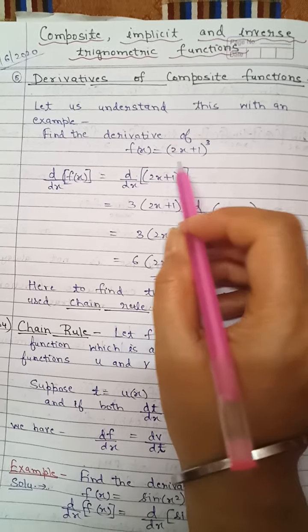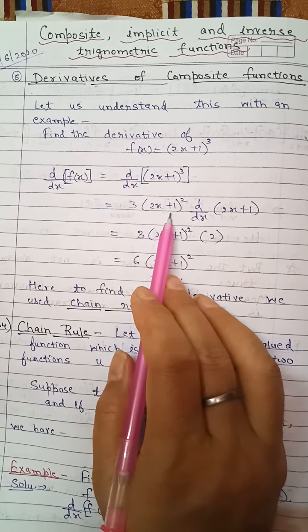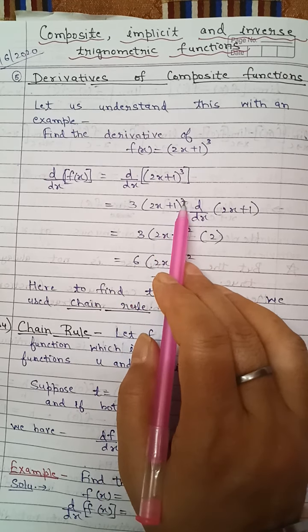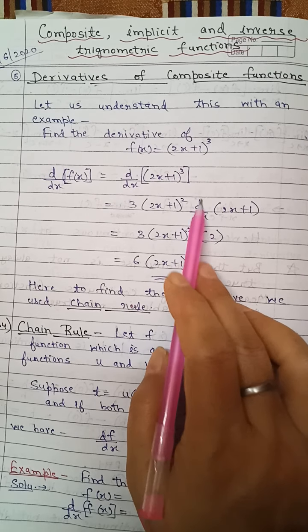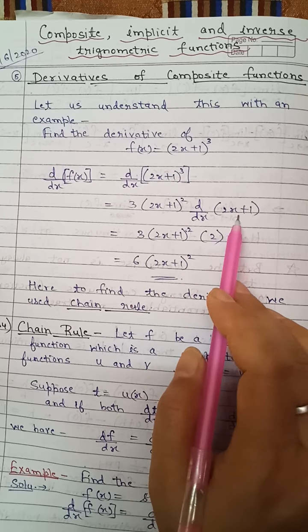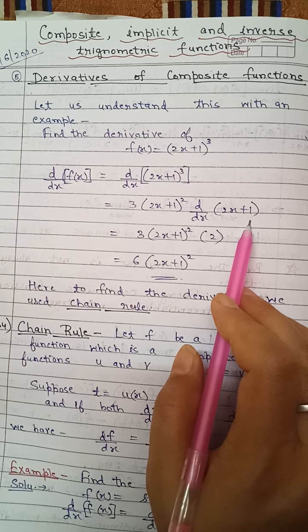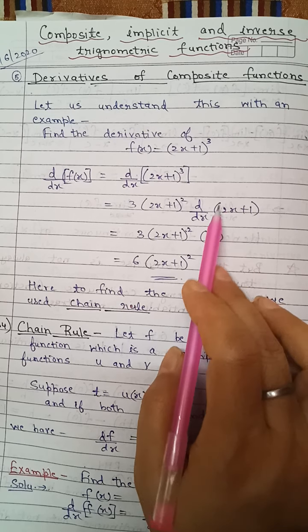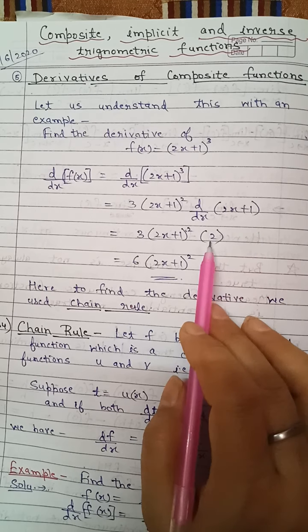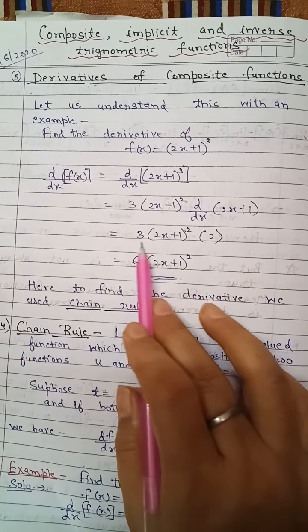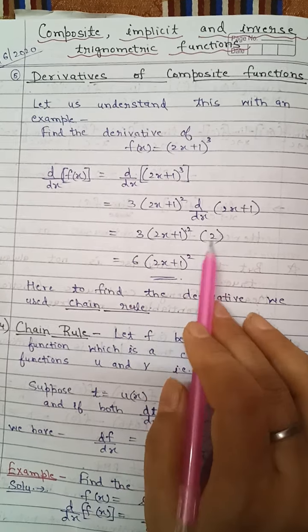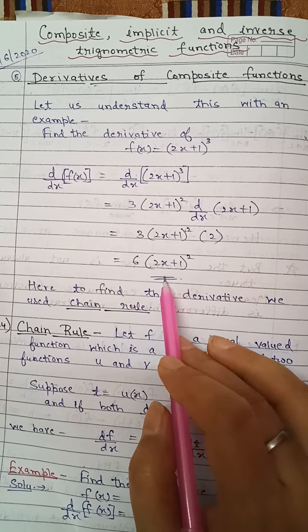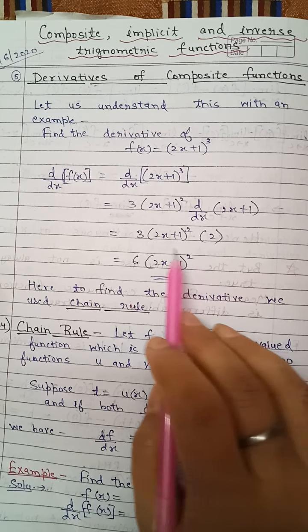So here n is 3, and this becomes 3(2x + 1)^(3-1), that is, squared. And by using the chain rule, we do d/dx of (2x + 1) again. The derivative of 2x + 1 is just 2, and for 1 it is 0. So the answer is 2. So this is the derivative. 3 into 2 we can multiply and write it as 6(2x + 1)^2.